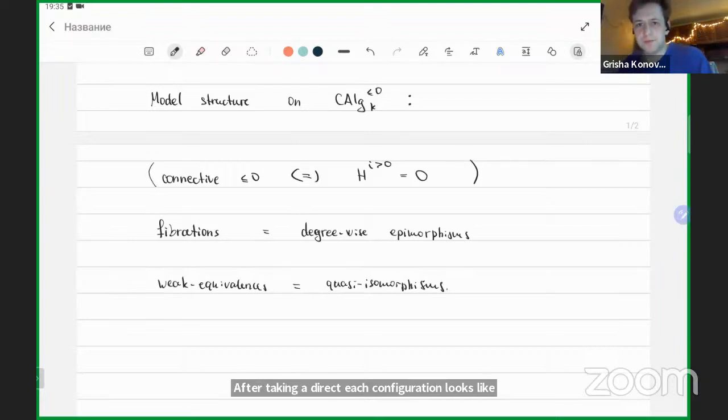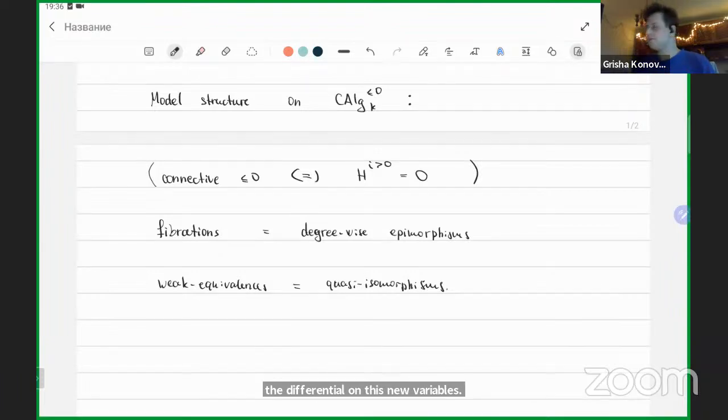You take an algebra and you inductively freely add to the algebra new generators, and you prescribe values of the differential on these new variables.